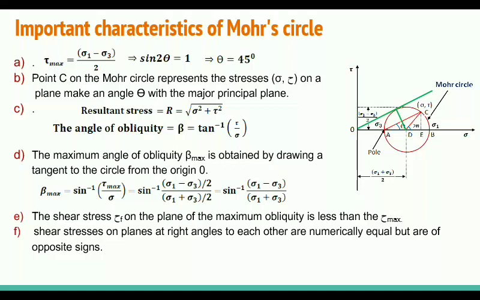But in the case of soil, most of the stresses are compressive in nature. So for drawing a Mohr circle, just assume compressive stress as positive, and tensile stress as negative. This thing is important. I think I forgot to tell you. Okay.